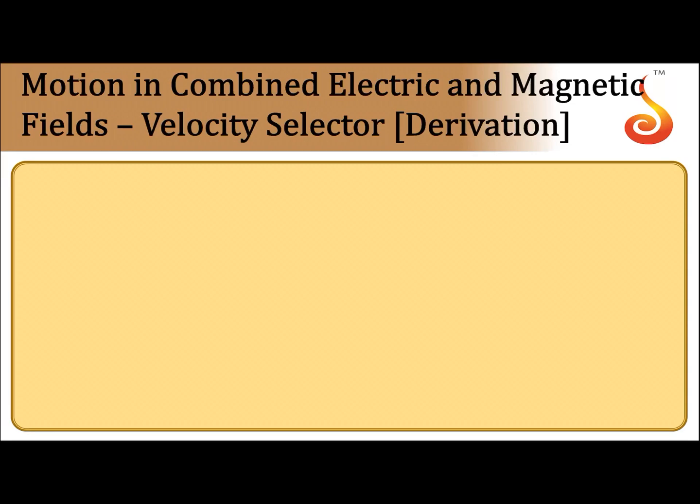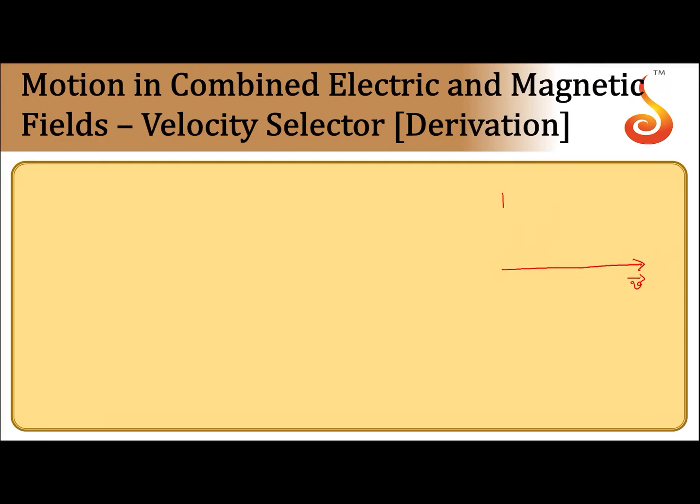Motion of a charged particle in combined electric and magnetic fields, velocity selector condition. Let us consider a situation where the charged particle is moving along this direction. Let us say this is the direction of velocity of the charged particle.